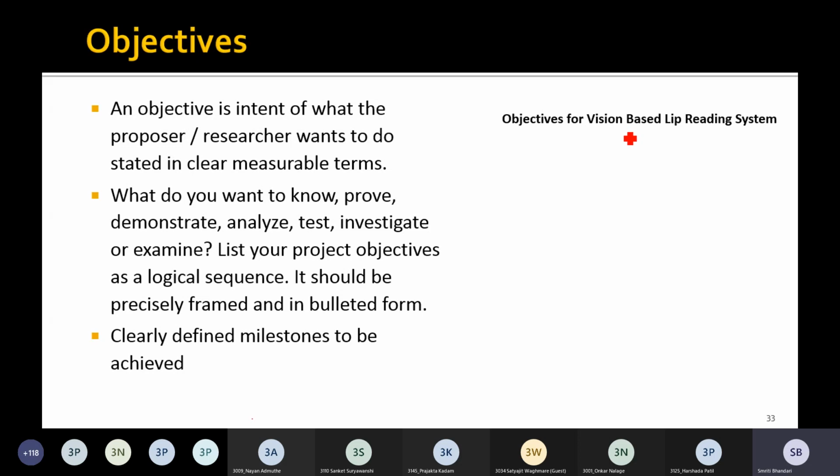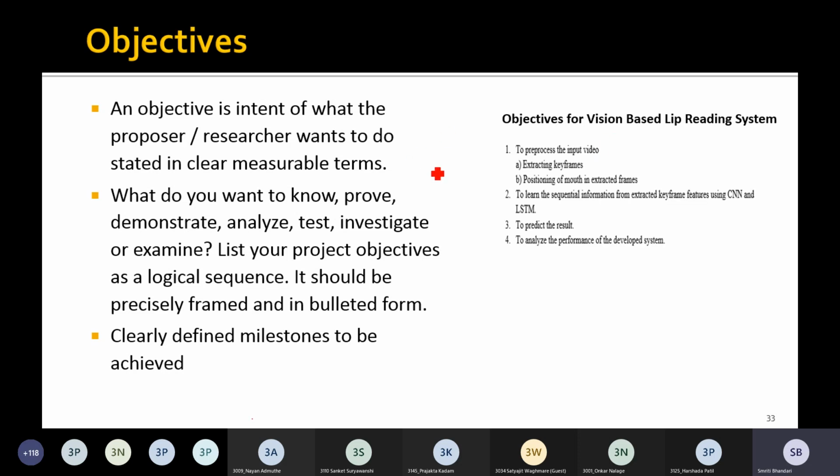We do not have audio available with the video, so only based on the lip movements of the speaker, the system needs to predict what the person is speaking. That is the problem statement, and for that problem statement we are now writing the objectives.